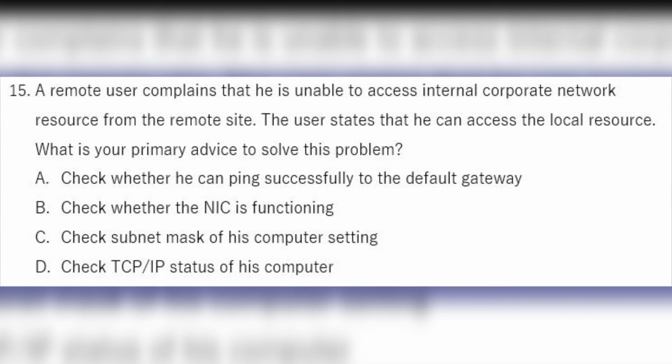B. Check whether the NIC is functioning. C. Check the subnet mask of his computer settings. D. Check the TCP/IP status of his network computer. The correct answer for this question is choice A. Check whether he can ping successfully to the default gateway.